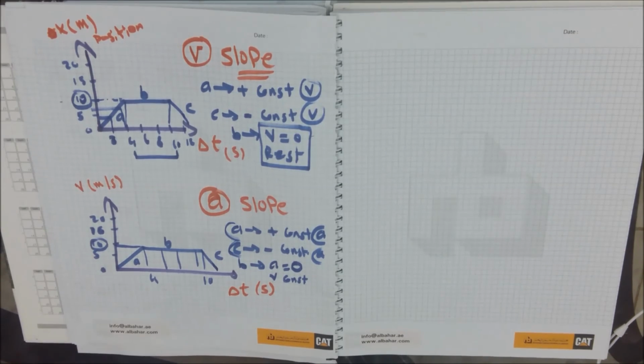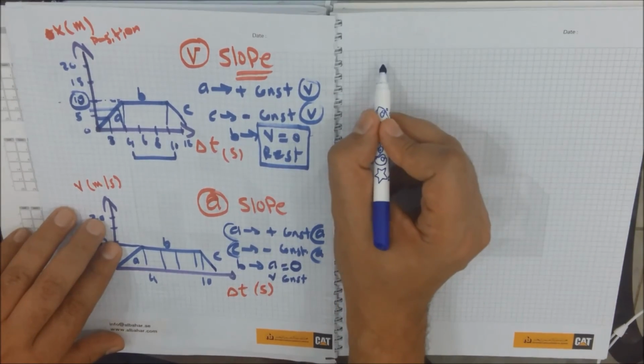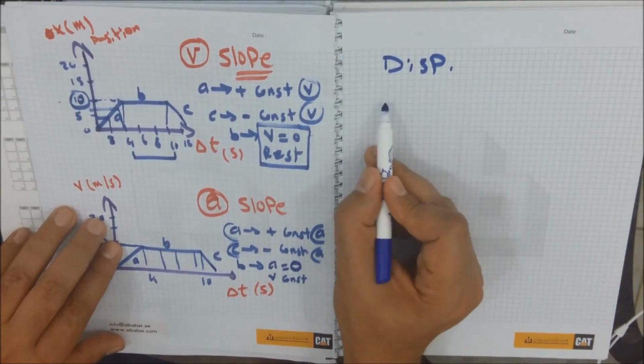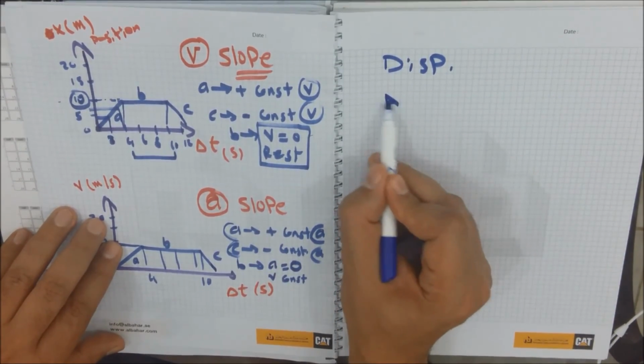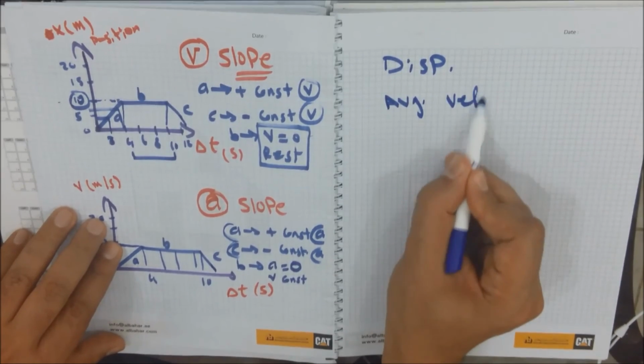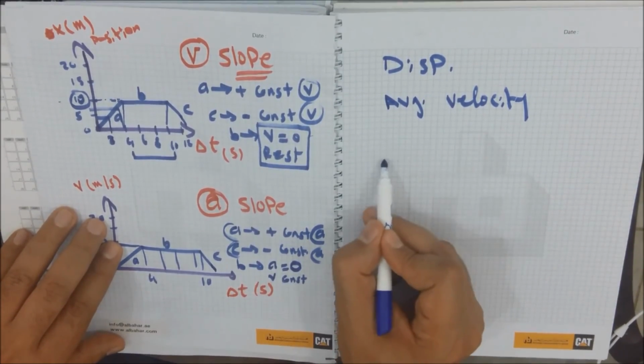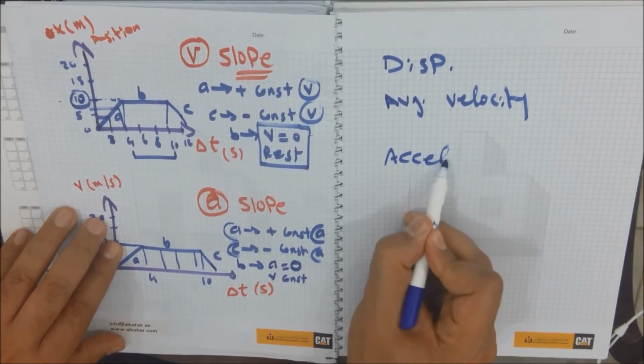So we revised the meaning of displacement. We revised the meaning of average velocity using the two rules. We revised the meaning of acceleration.